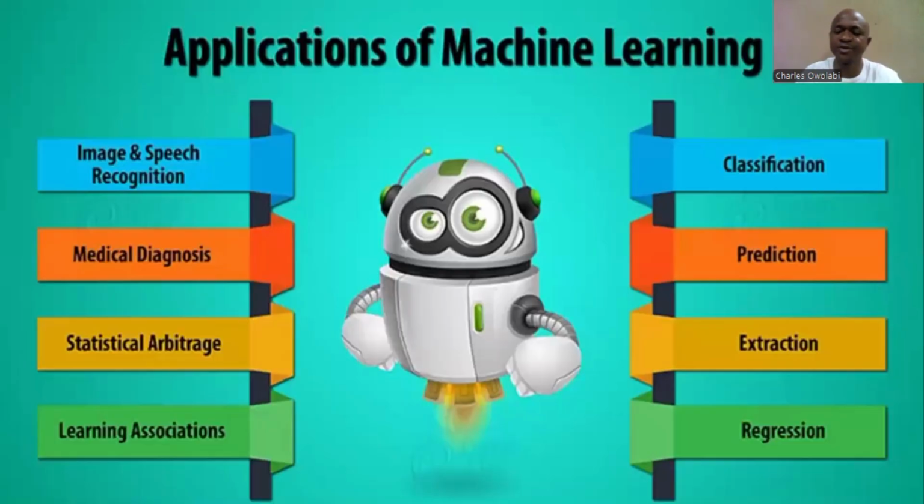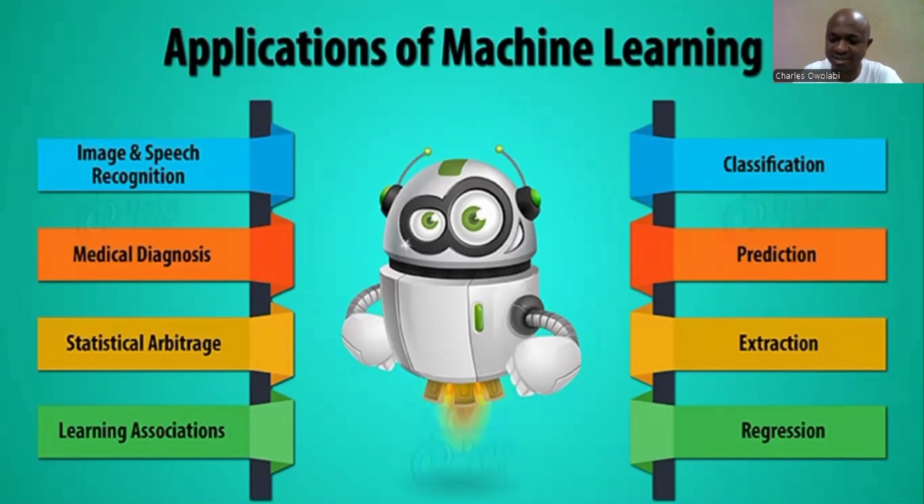Now, quickly, we have a wide, diverse use and application of machine learning. It's used extensively in image and speech recognition, medical diagnosis. It's used in statistical arbitrage, learning association, classification, prediction, extraction, and regression.